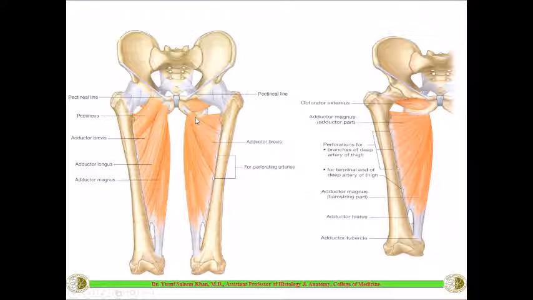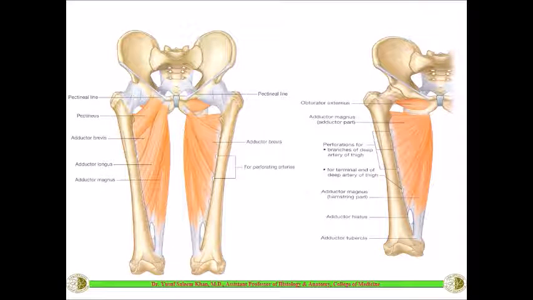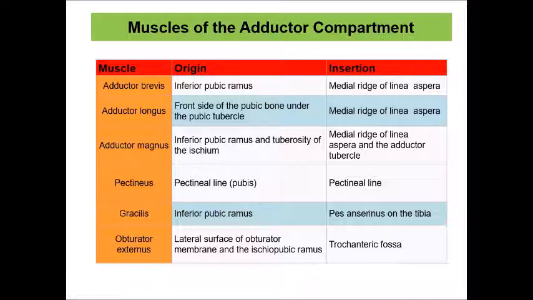So the adductor brevis takes origin from the inferior ramus of the pubis and gets inserted to the medial ridge of the linea aspera. This muscle goes towards the femur and gets inserted on the medial lip of the linea aspera.